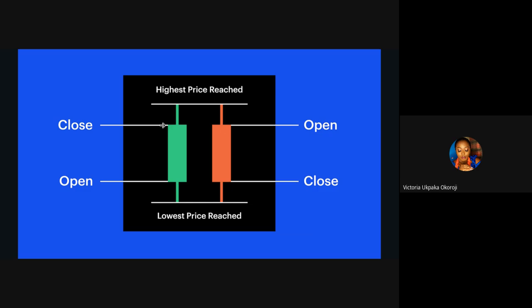This candlestick tells you whether the market is negative or positive. When you see green candles, it's telling you the market is positive. When you see red candles, it's telling you the market is negative.